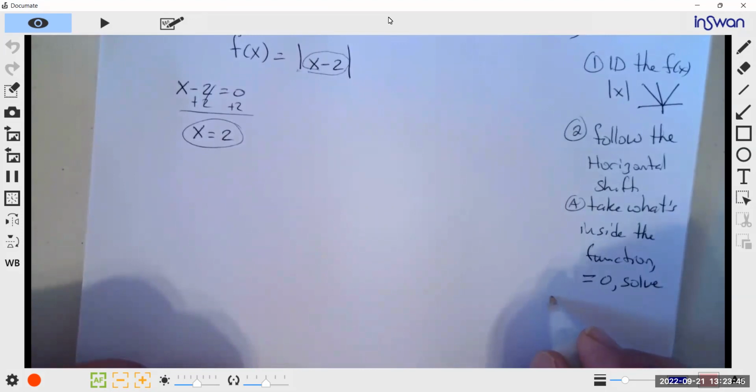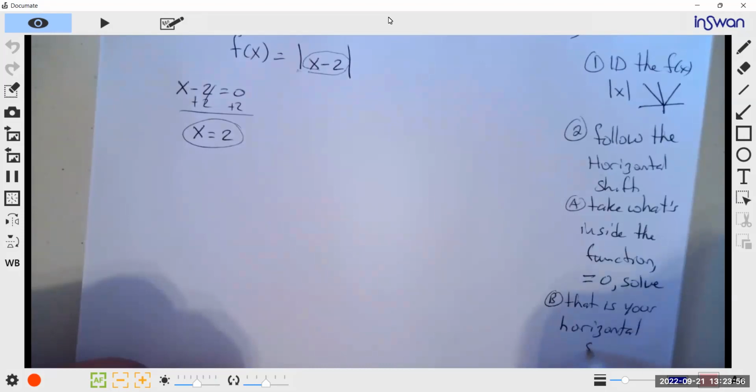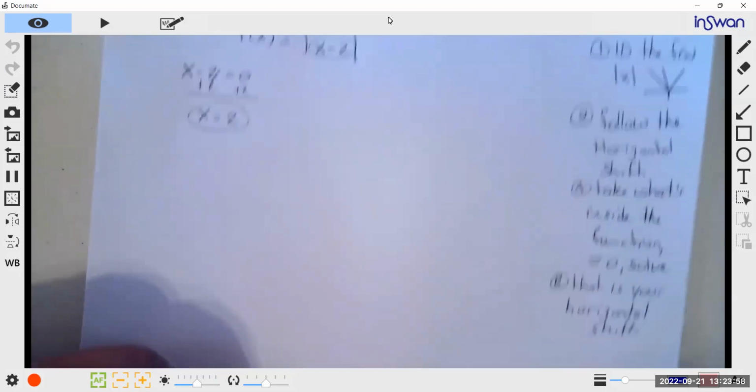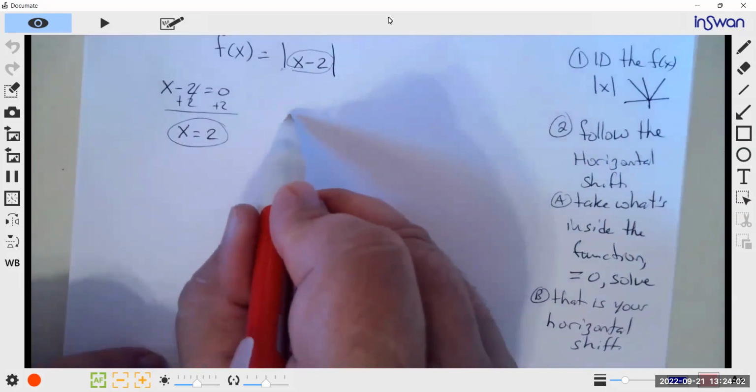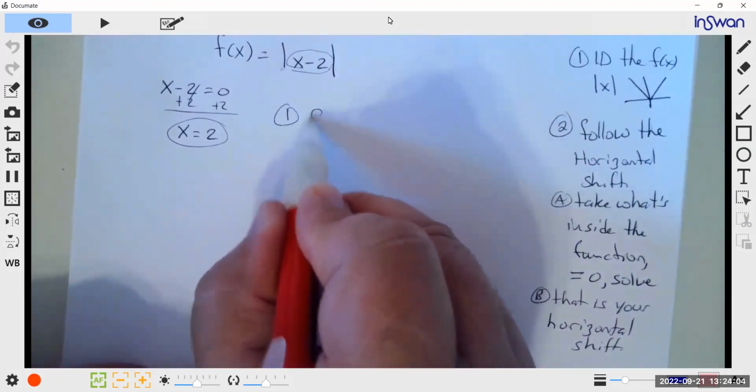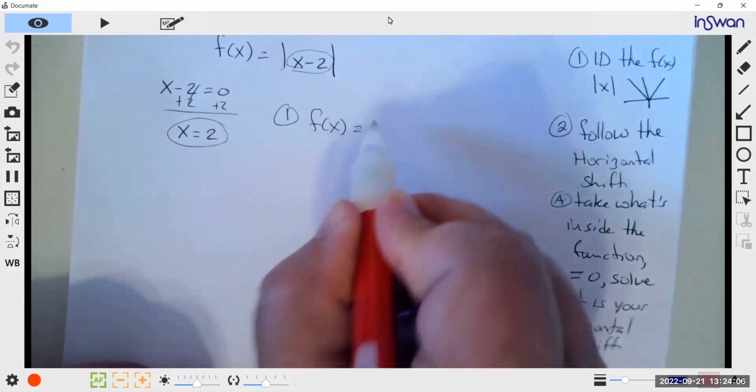That number, that is your horizontal shift. So the first step, we know the function is an absolute value.